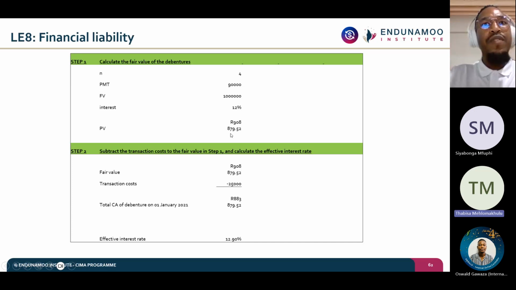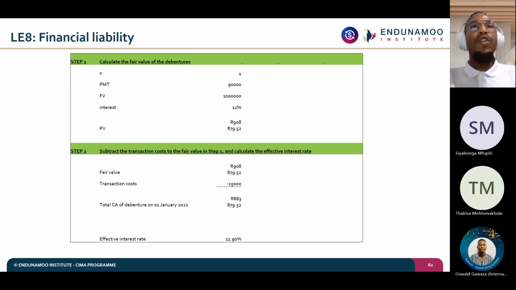Yes, I'm comfortable. But sorry, if this was fair value through P&L, how were we going to treat this transaction cost? Are we going to subtract it from the above calculation, or what?